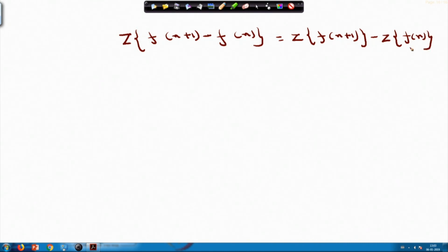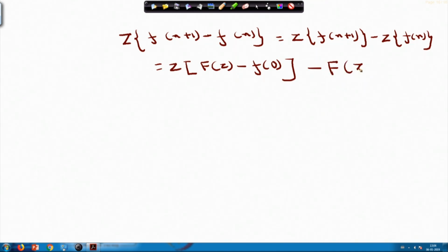From the linearity property, this equals z into capital F z minus f of 0. Please note that the Z transform of f of n plus 1 equals z into capital F z minus f 0, which we have proved earlier, minus the Z transform of f n, which is capital F z.